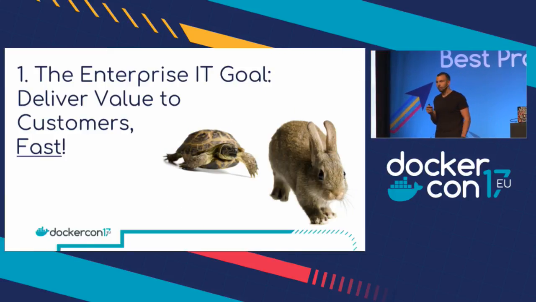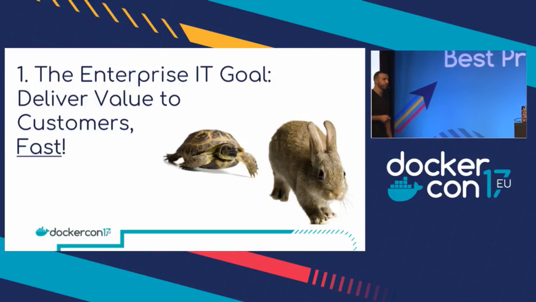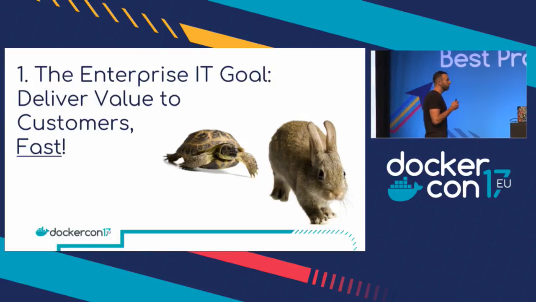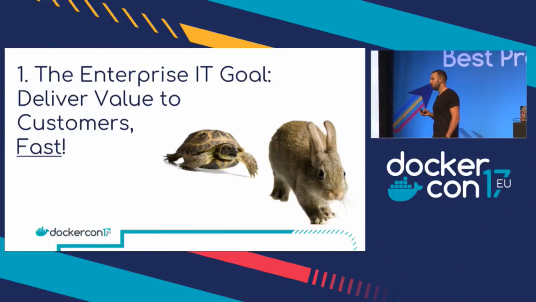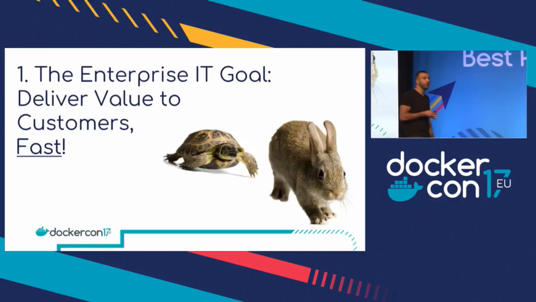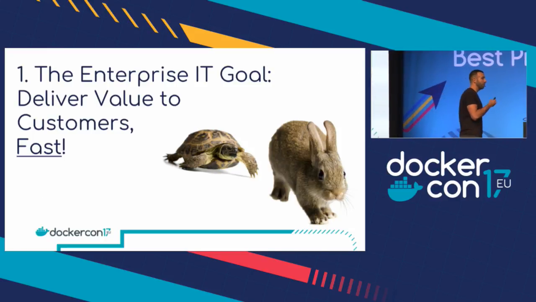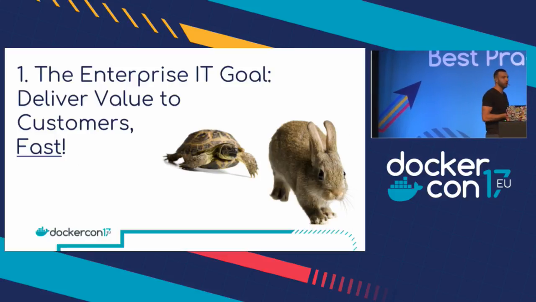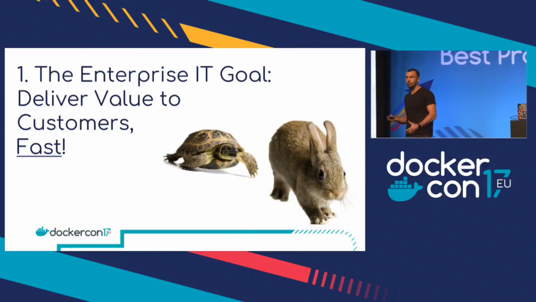A common number one goal I see with enterprise customers is to deliver value to customers fast. And here we're talking about internal customers that are different development teams, testing teams, QA teams internally, and by extension, the external customers for your enterprise.